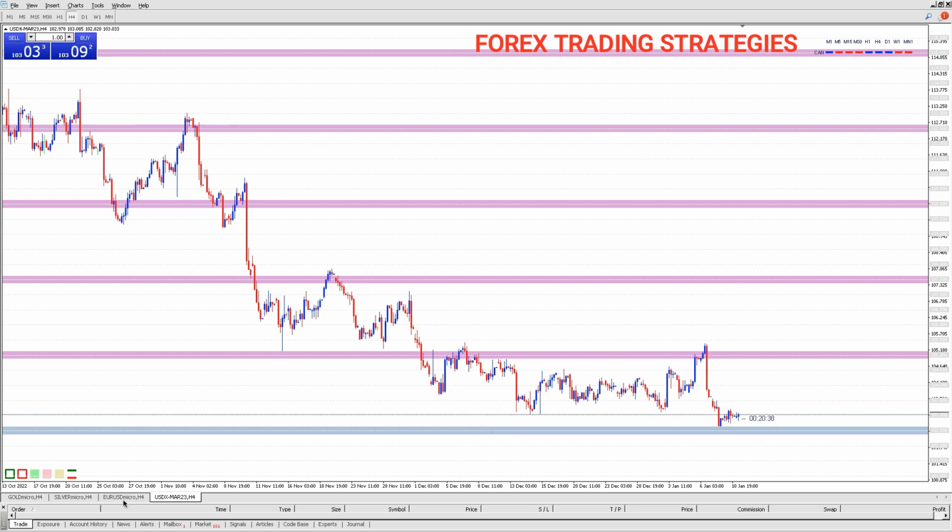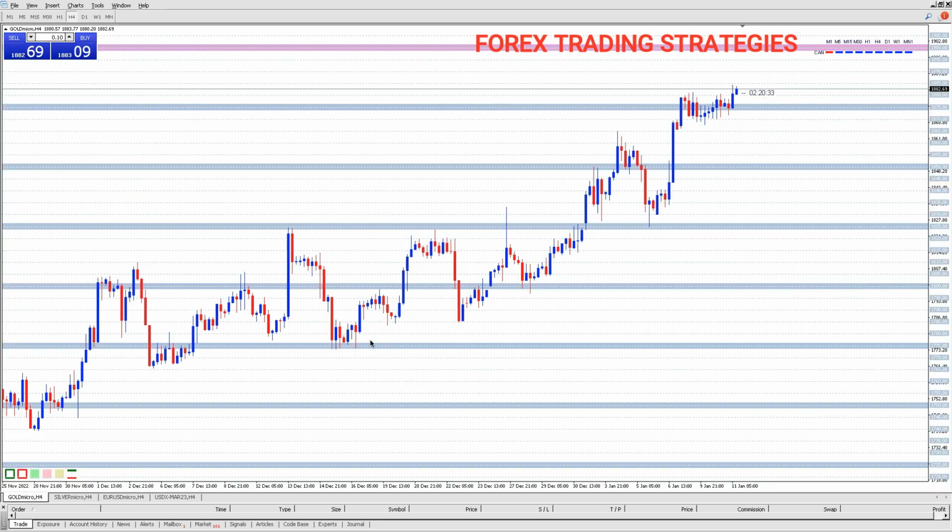And after Euro USD, I'm also trading silver and gold. Gold is because I love the way gold moves. You can make good money with gold, and it does move every day. It pays.